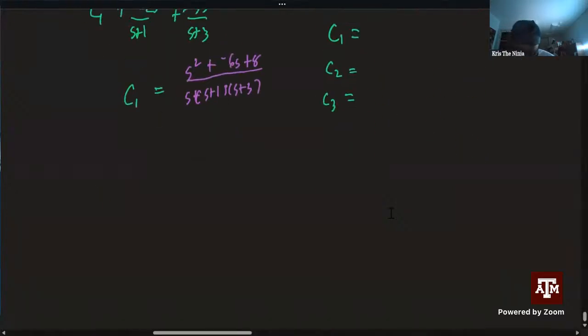And then is that times s? I think it's times s. Let me double check.